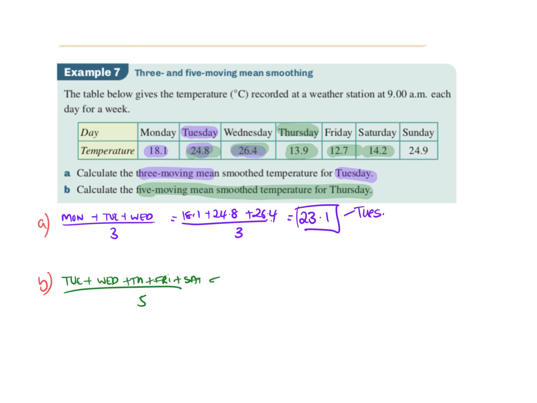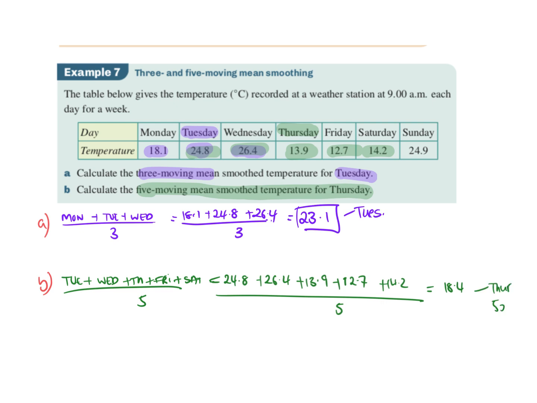If you add all those numbers up, it'd be 24.8 plus 26.4 plus 13.9 plus 12.7 plus 14.2, divided by 5, and we end up with 18.4. That would be Thursday's 5 mean smoothing value.